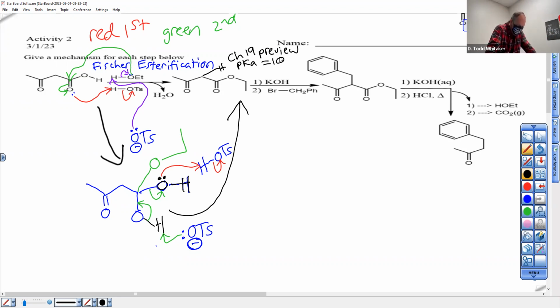What's special about that H? What's special about that H? Alpha to 2 carbonyls. They both have a resonance stabilization effect. You can draw 3 resonance forms for the anion, not just 2.